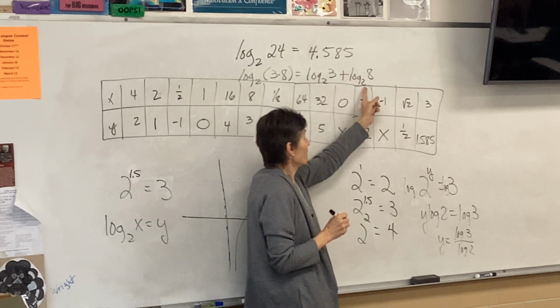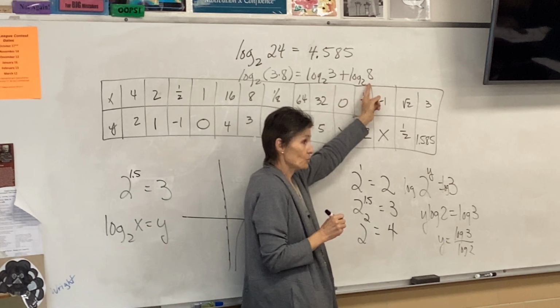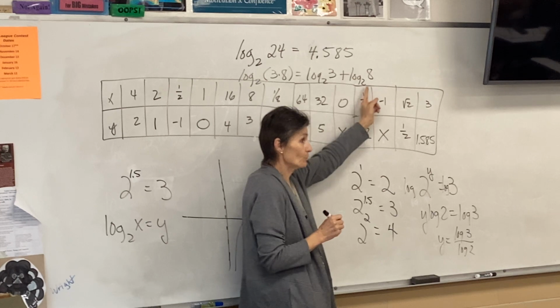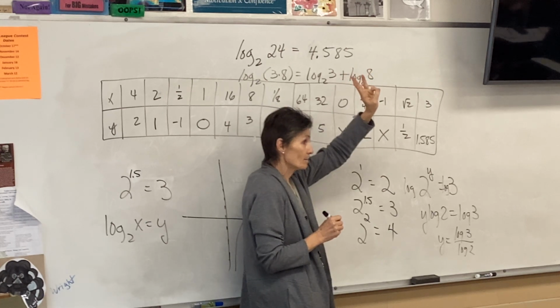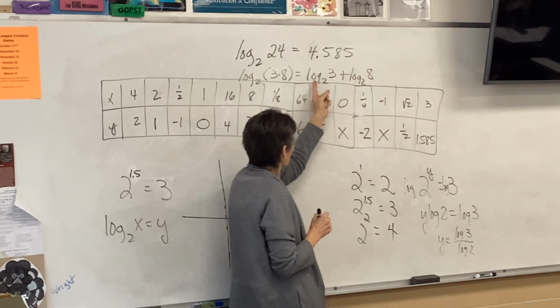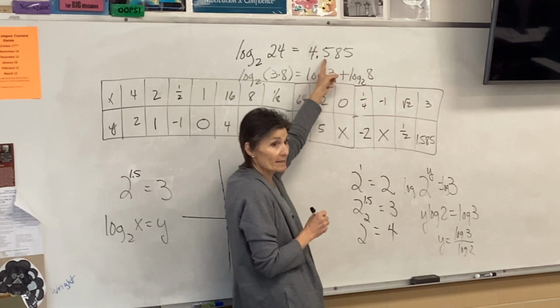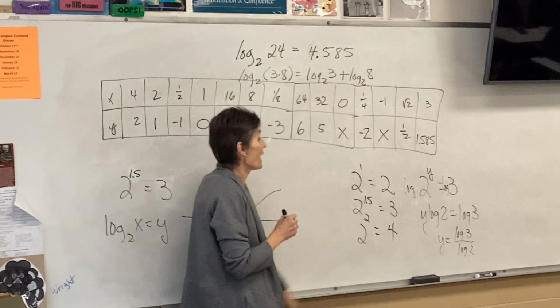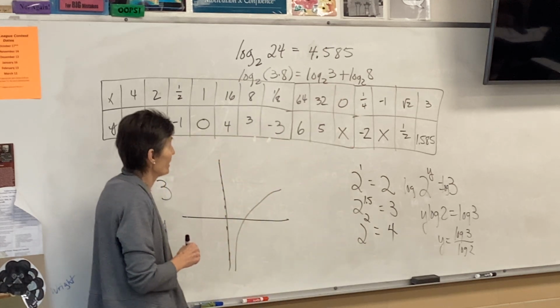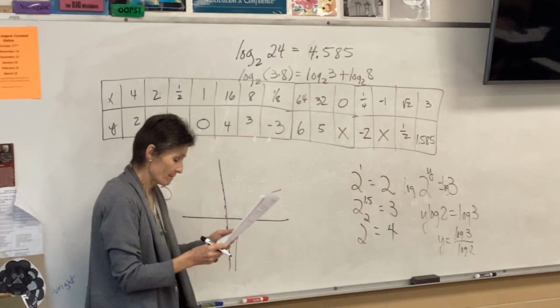And what's the log base 2 of 8? 2 cubed. Log base 2 of 2 cubed is 3. So log base 2 of 3 plus 3 equals that. So the log base 2 of 3 has to be 1.585. Yep, I totally missed that first time.